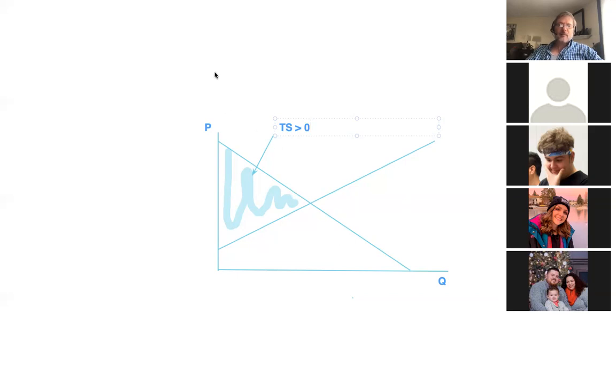And over here, total surplus is less than 0.